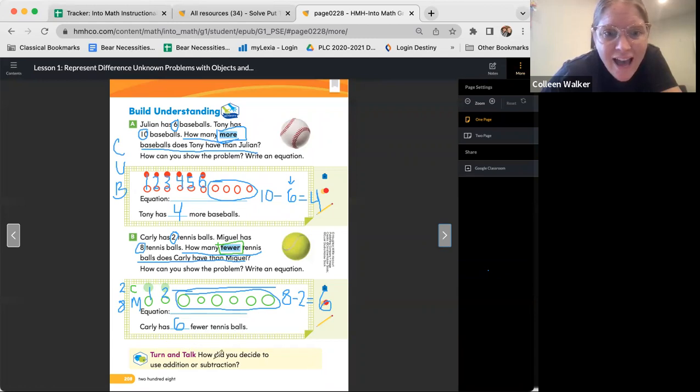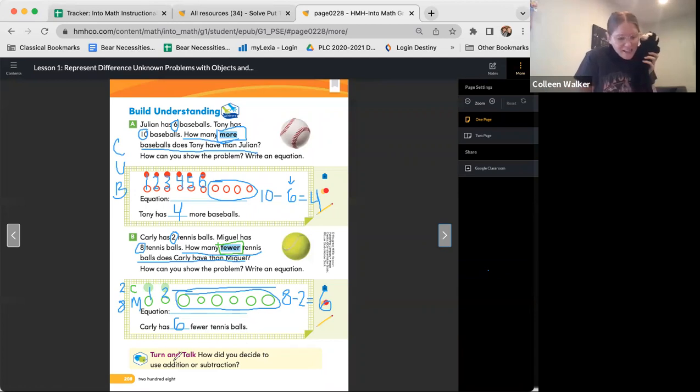Turn and talk. How did you decide to use addition or subtraction? What do you think, Monkey? Awesome. So Monkey wanted to talk about the first problem.